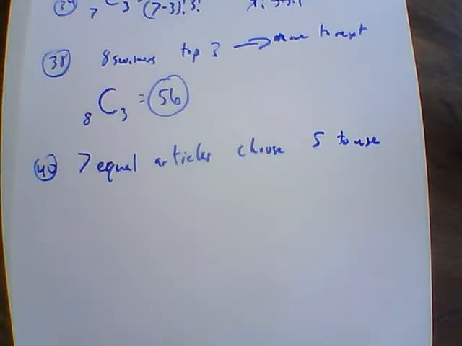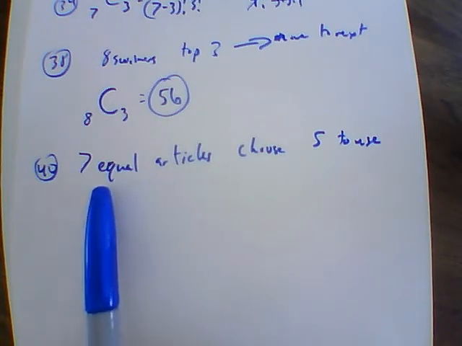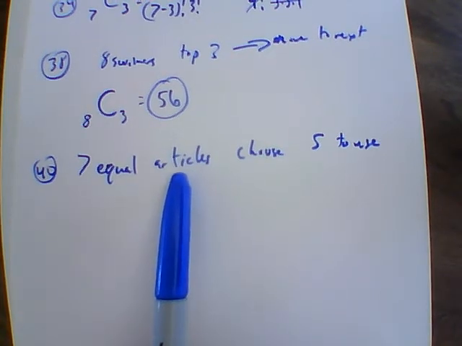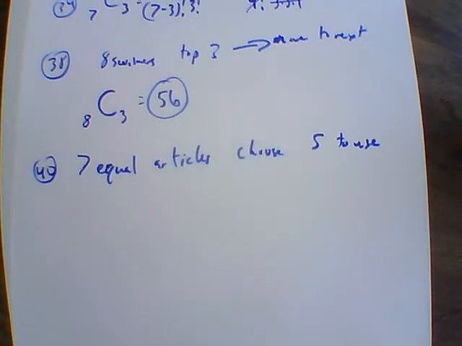Well, if we register the words 7 equal articles, that means they're the same. We don't have to do one and then the other and then the other. There's no order within. It doesn't matter how we're choosing our 5 because they're all the same information.